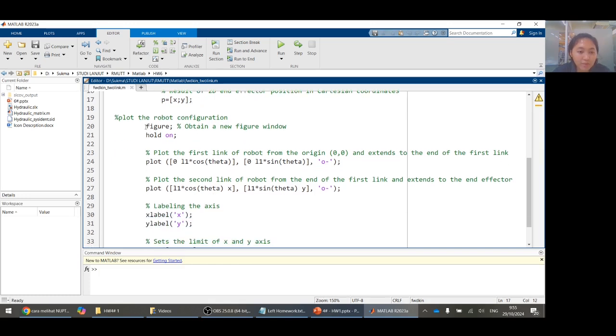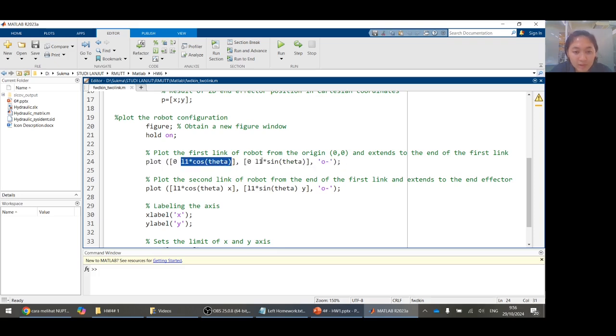And then this is to plot the robot configuration. Just write figure. This is to obtain a new figure window. And then this is the function for plotting a graph. The first one plots the first link of the robot from the origin 0, 0 and extends to the end of the first link.